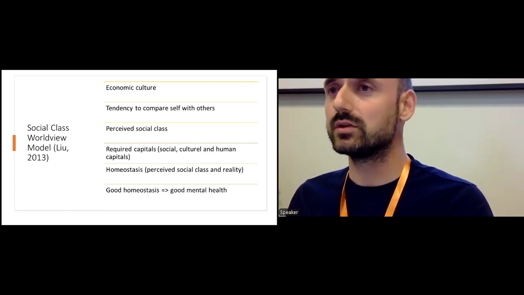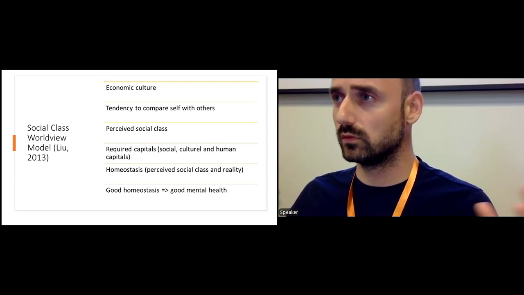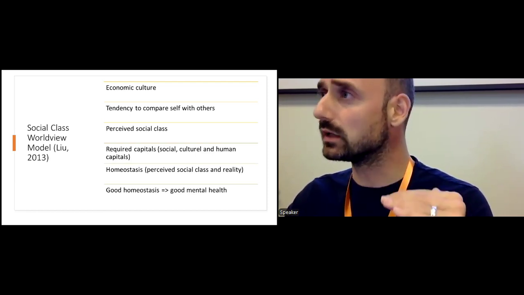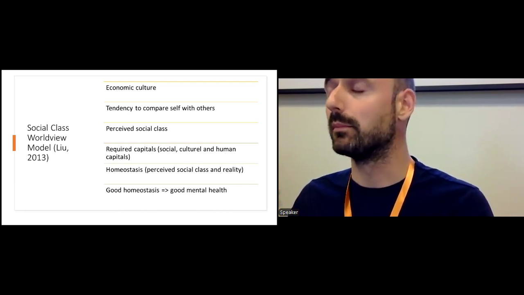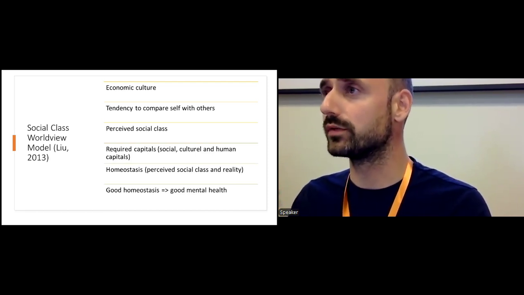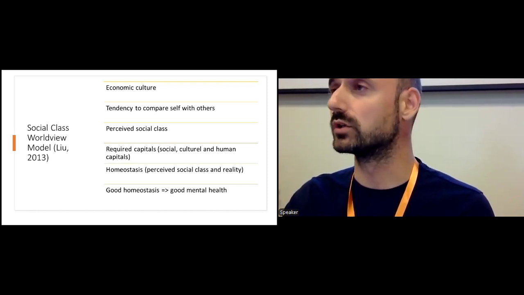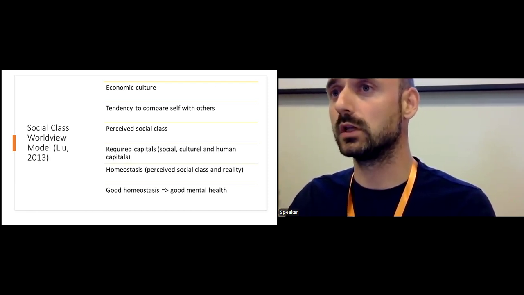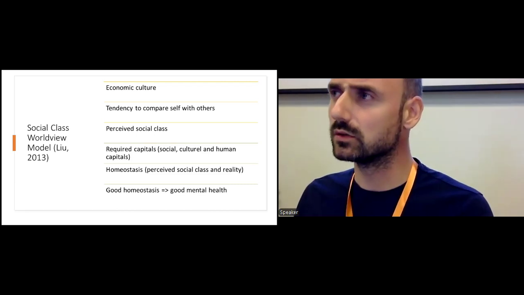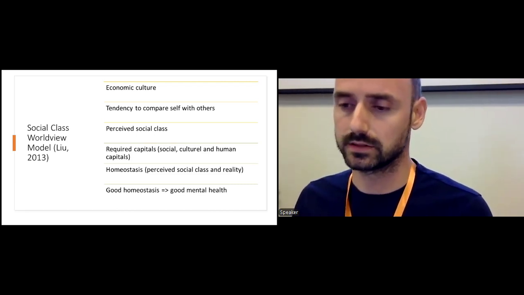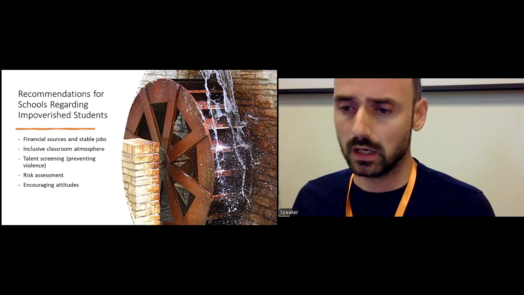If there is a balance between the perception and the reality, that means a homeostasis, no problem. But if there is an imbalance between the two, that might trigger stress, anxiety, depression, and in the long term, mental health problems. I believe this is a good model for the answer to this question.